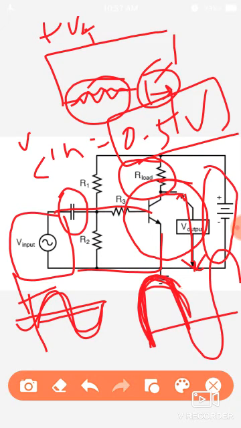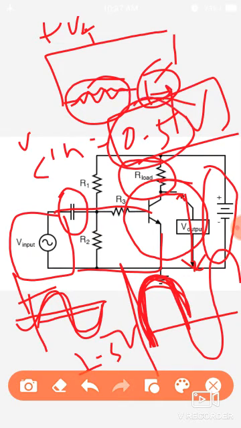We can see it in this graph, where, for example, we consider 1.5 volts. So corresponding to 0.5 volt, we have an output of the same phase of 1.5 volt. So it is just 3 times amplified.